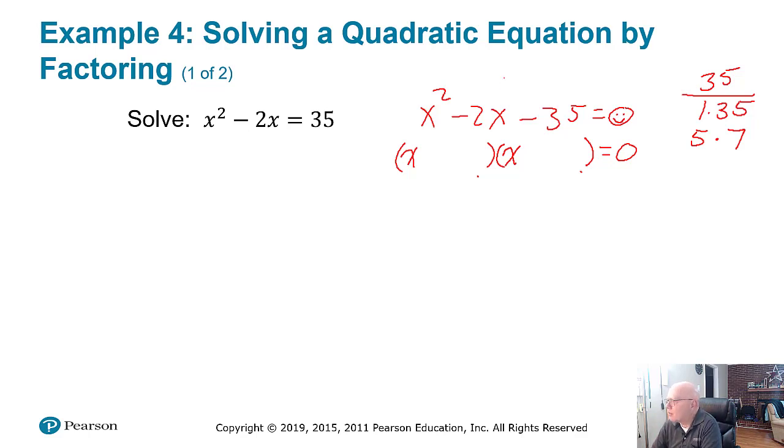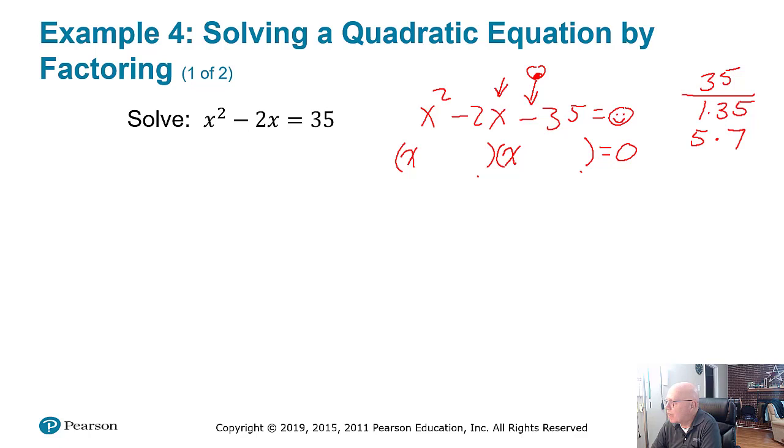Now, let's take a look over here. What can we learn there? Well, first of all, this minus sign right here says that when we multiplied two numbers together, we got a negative answer. That means these two numbers have to be opposite signs.